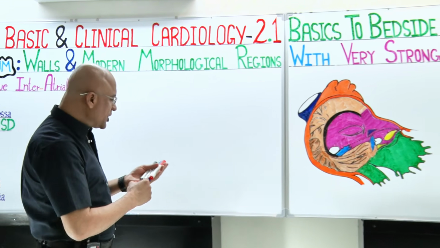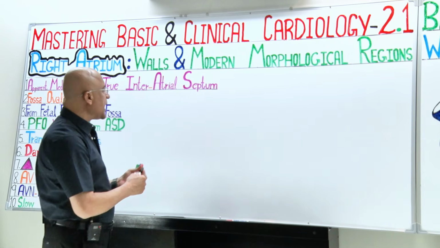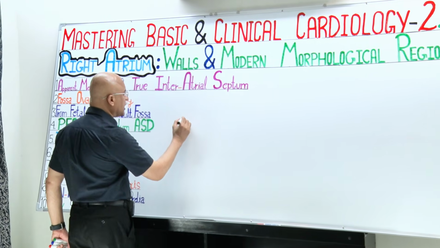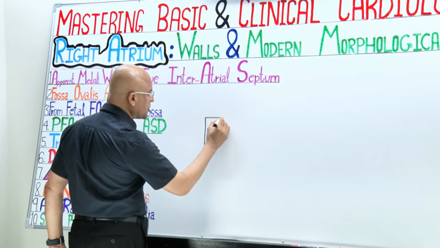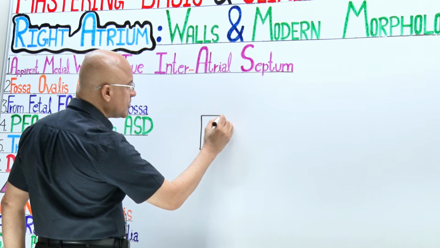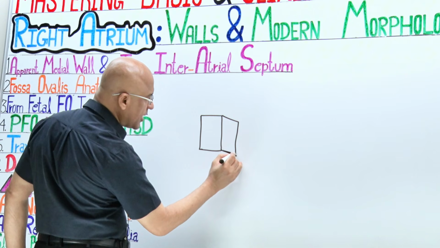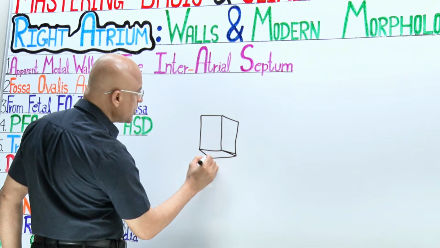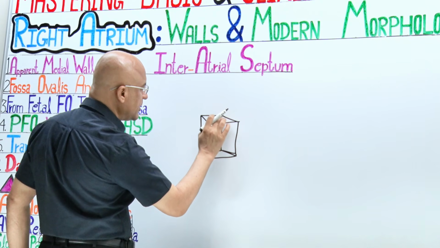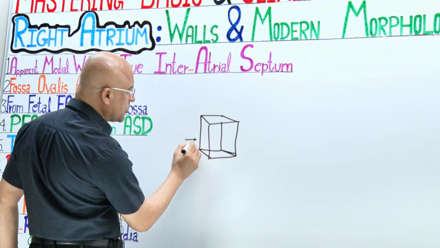But for teaching purposes, in traditional anatomy, we used to teach that it has 6 walls. When we talk about 6 walls, let's suppose this is its posterior wall, elongated, and then here is the medial wall, floor and roof, and then you can think of a lateral wall on this side.